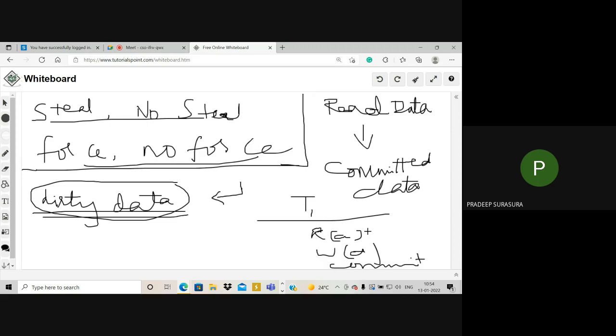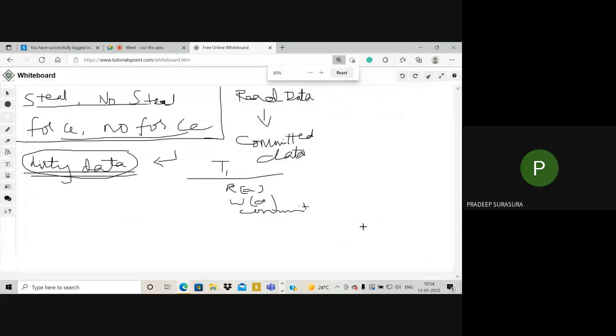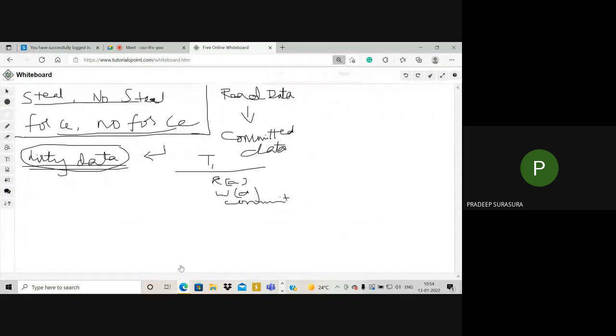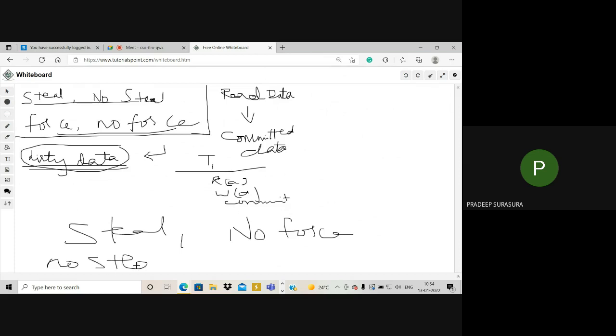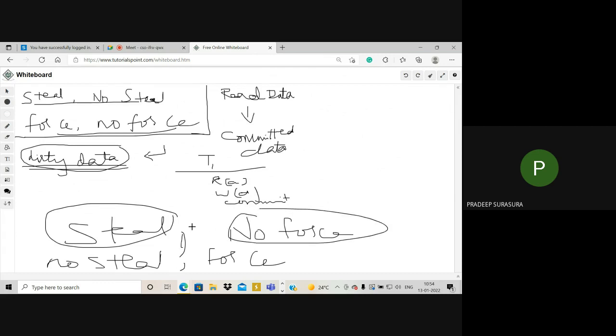Okay, so let me give you one or two word pairs before we close. So I say steal, no force. No steal, force. Now please understand the meaning of these two. Steal, no force.